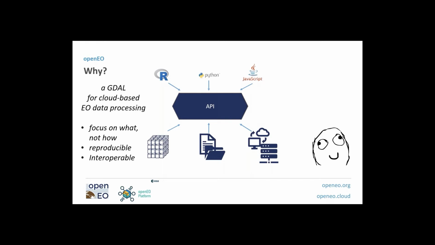And of course, I'm working for a university, so it's always good to have reproducible results so that you can check whether what you get out from your cloud environment is actually the right result, and it should also be, in this case, interoperable, of course.